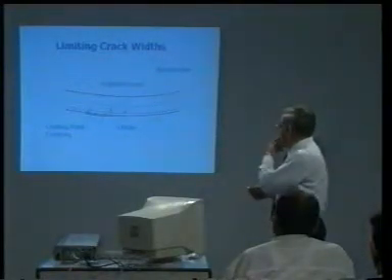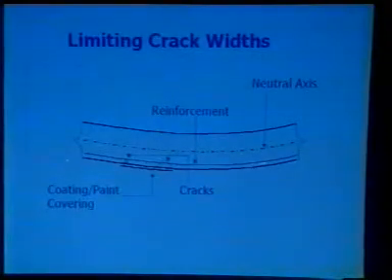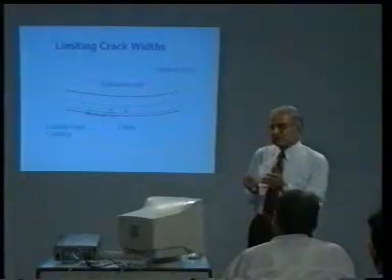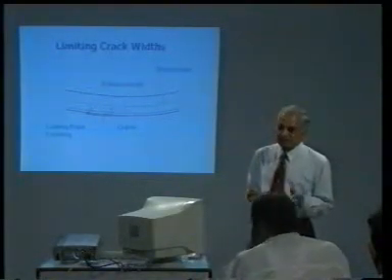So, at such locations, you must provide a proper coating or a paint covering, and that coating or paint covering should be elastic enough to cover the crack width. So, that should have crack bridging capability and not be a rigid and inflexible coating.